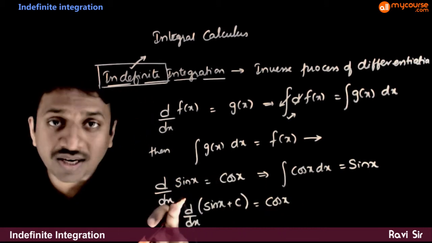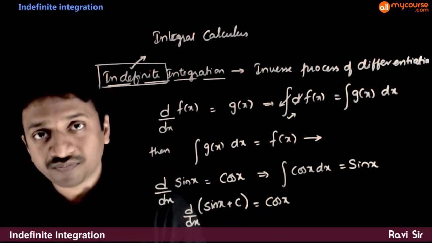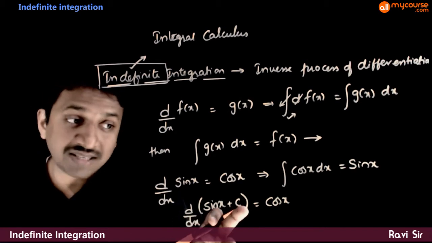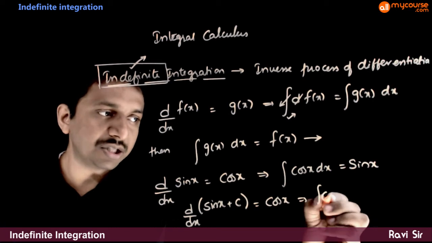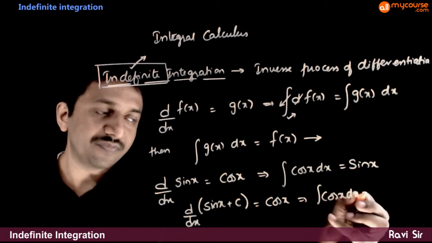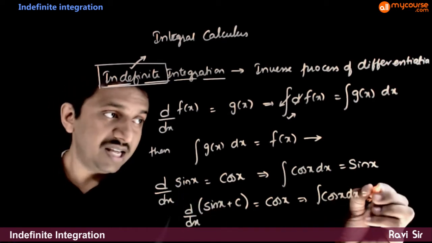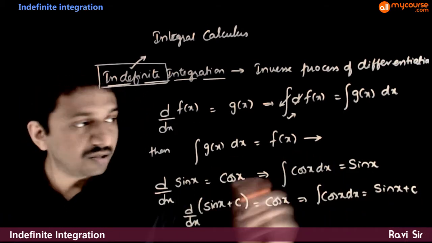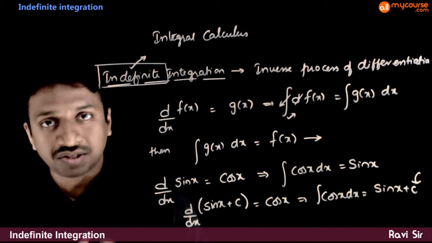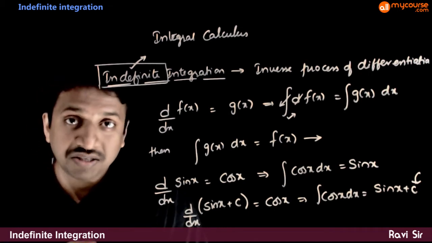Because we know that the differentiation of a constant is 0. This implies integration of cos x dx is now sin x plus c, where c can be any constant.